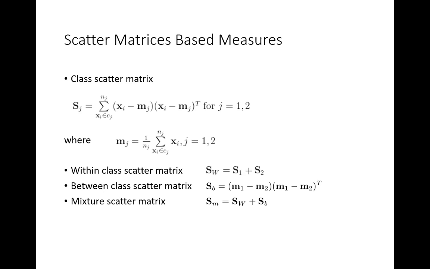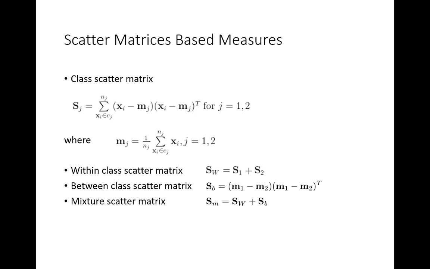The class scatter matrix S_j is for all the examples that you have from the jth category or jth level. That matrix is defined as shown. And if you have only two classes, then for j1 and j2, you can define the respective formulas.